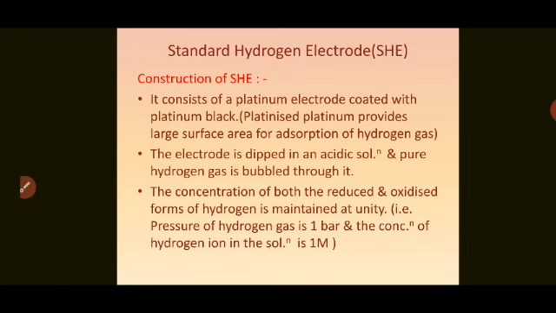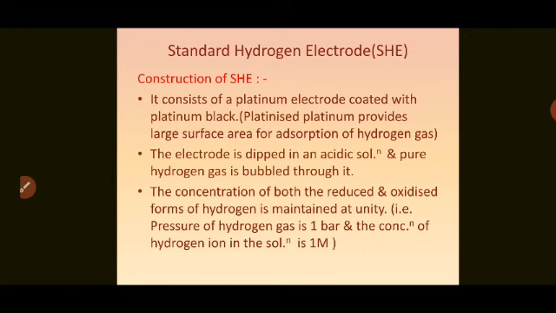Now, we have already learned the formula E right minus E left, but practically it is not possible to calculate the potential of an individual half cell. We can measure only the difference between the two half cell potentials, which gives the EMF of the cell.